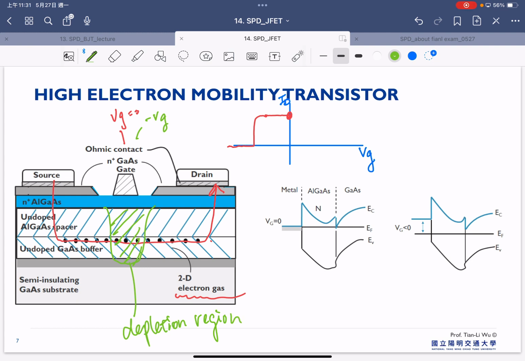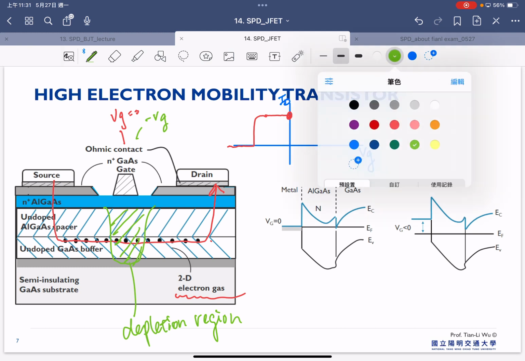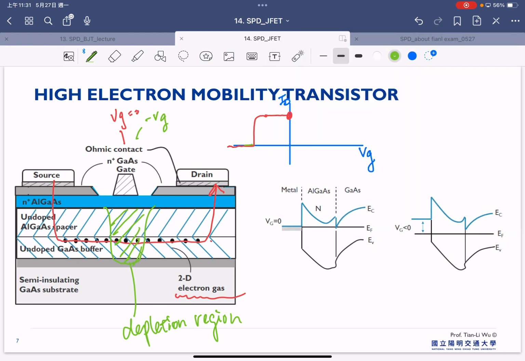Once the depletion region is large enough, your electrons cannot flow anymore. So now you can start to turn off your transistor. So that's how a typical HEMT operates.